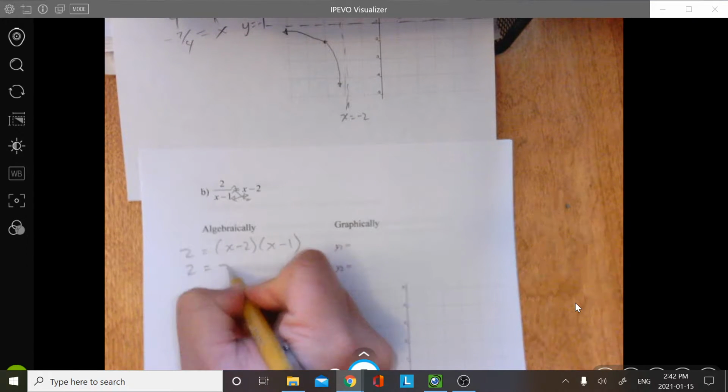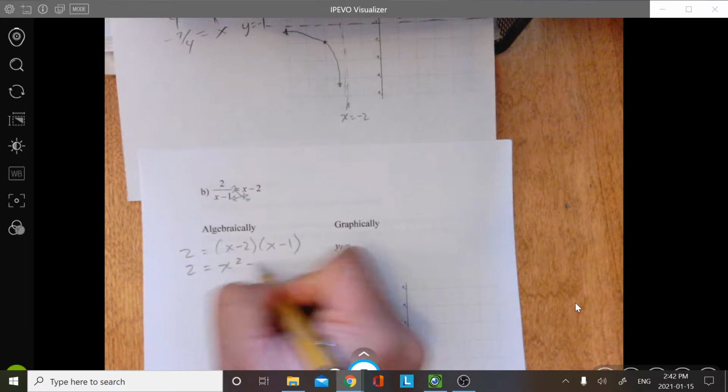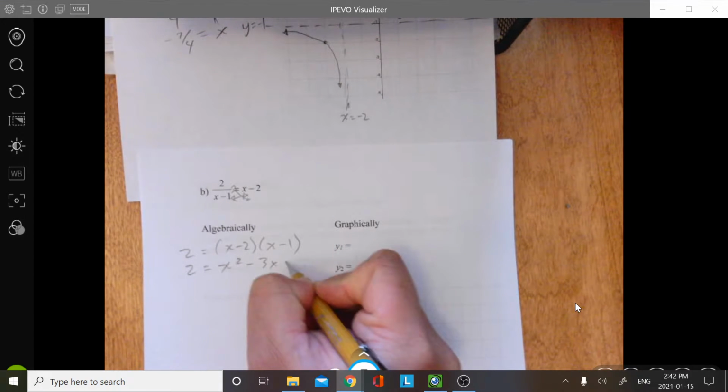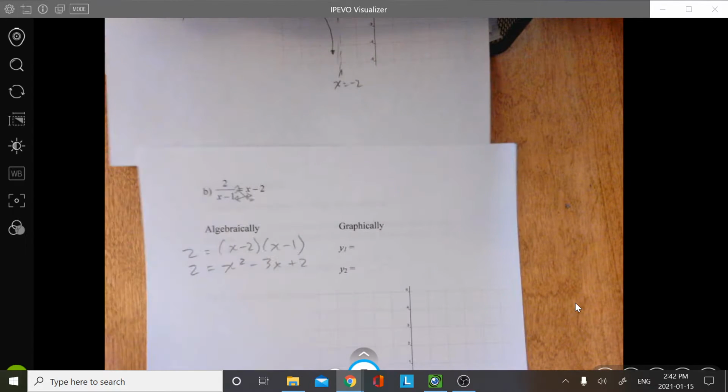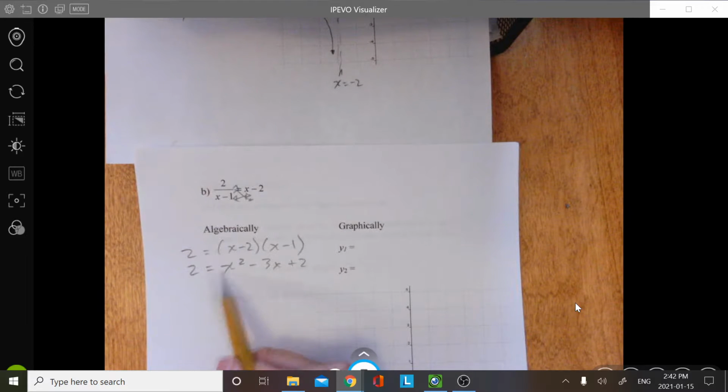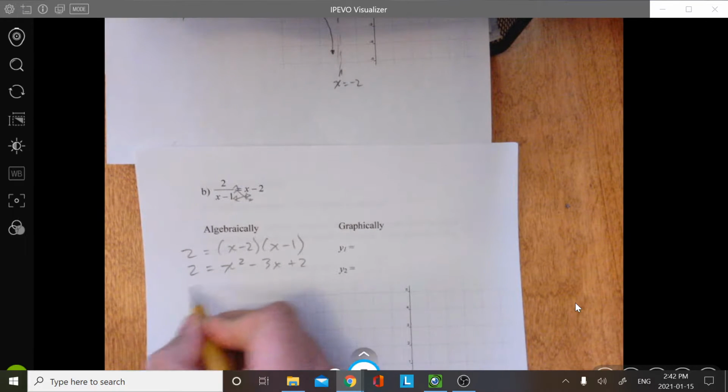So I can FOIL x squared minus 3x plus 2. Okay, and then I'm going to bring the 2 over, so then it ends up canceling.